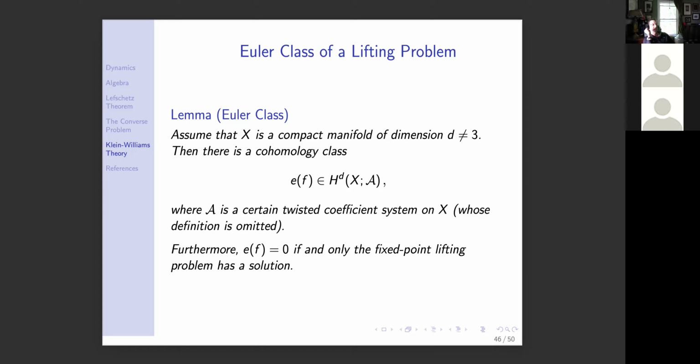I'm not going to give you an idea of how this is solved, but if you've seen Euler classes before in vector bundle theory, it's a similar idea. The Euler class is an obstruction to a nowhere zero section of the tangent bundle of a manifold. It's in the same spirit. Now our Euler class is much more general.